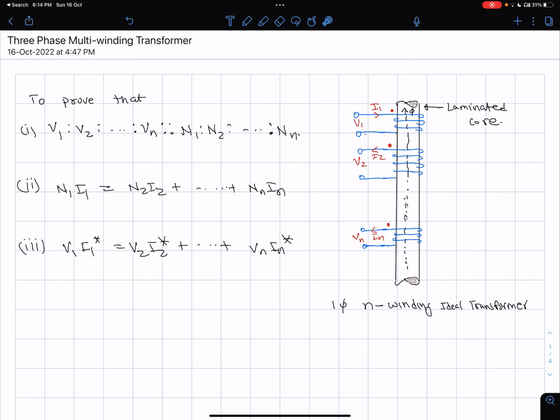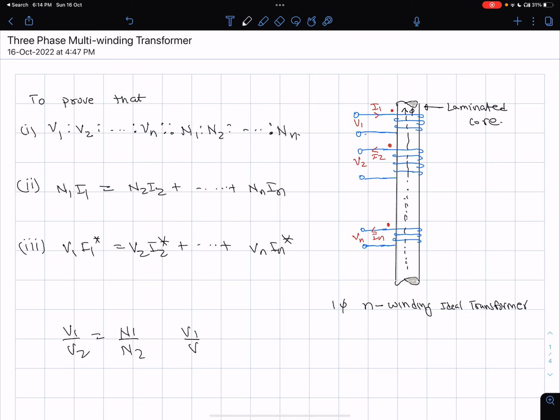Number one, the ratio of V1 is to V2 is up to Vn, the phasors, will be the same as N1 is to N2, the number of turns, N1, N2, and so on up to Nn. So this is very straightforward. For example, if you look at V1 by V2, it will be N1 by N2.